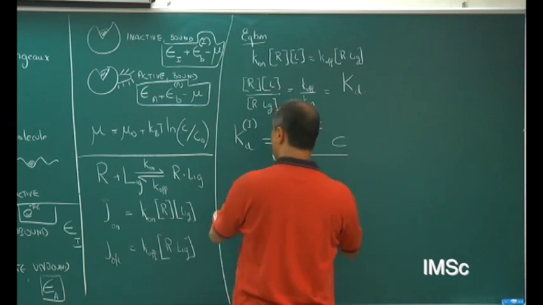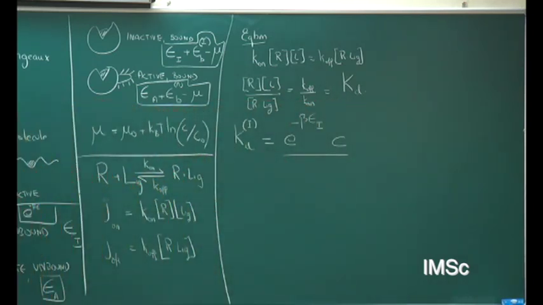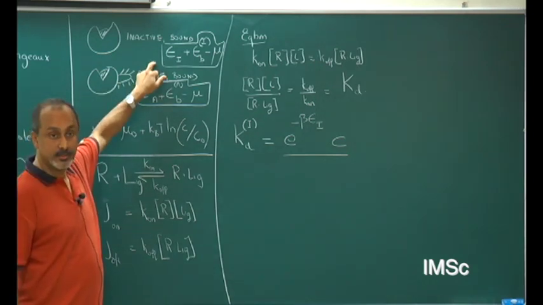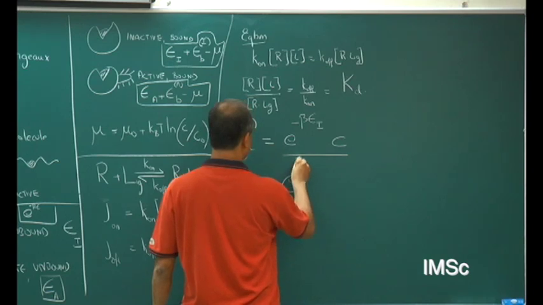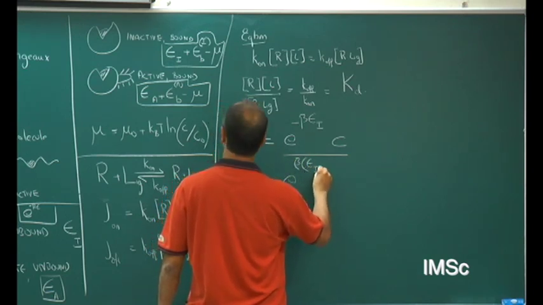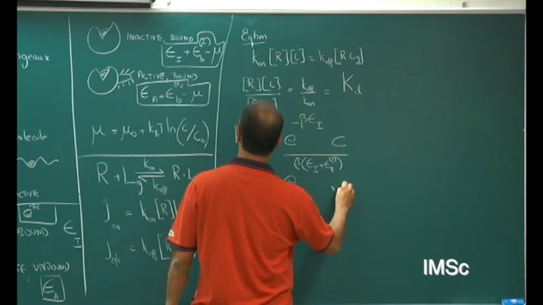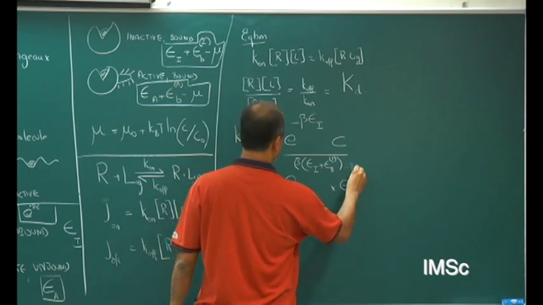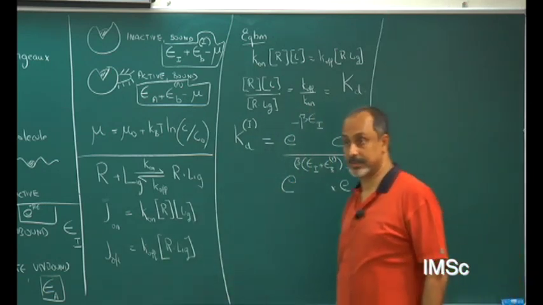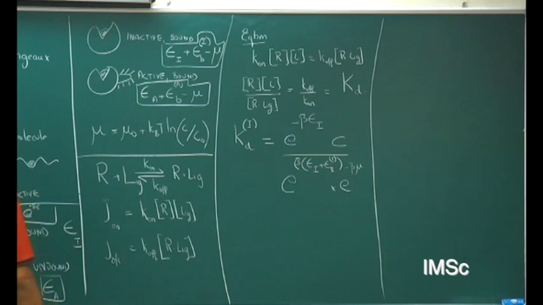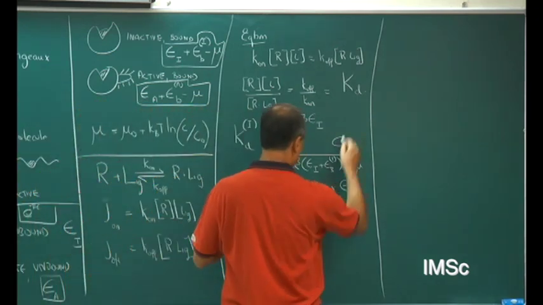The amount of bound receptor and ligand together in the inactive state is just the exponential of this particular quantity. So that is exponential of minus beta times epsilon I plus epsilon B in the inactive state, times e to the power beta mu. Do you agree with that? It's just putting all of these factors back in. I can take e to the power beta mu on the top.